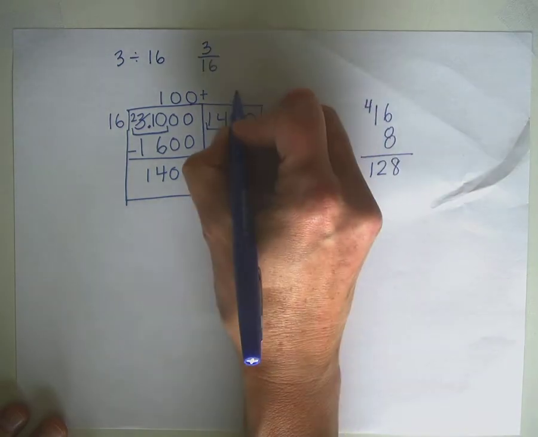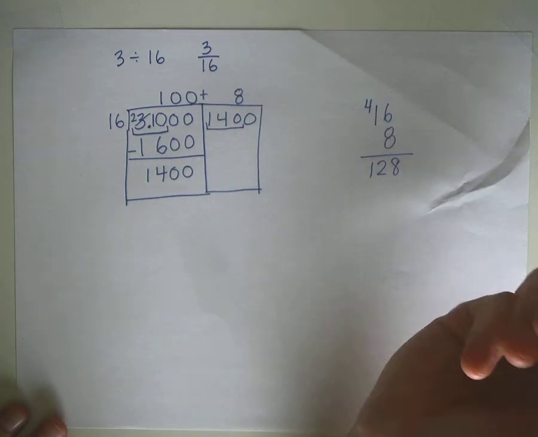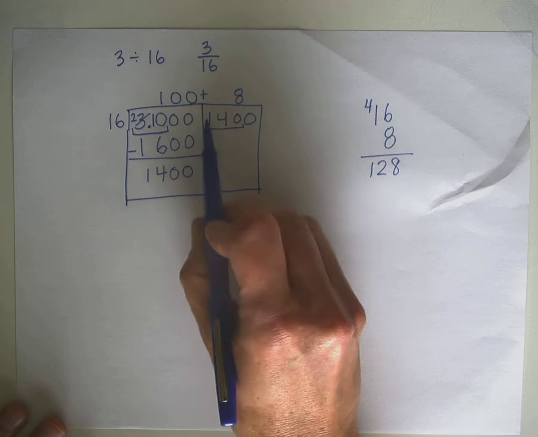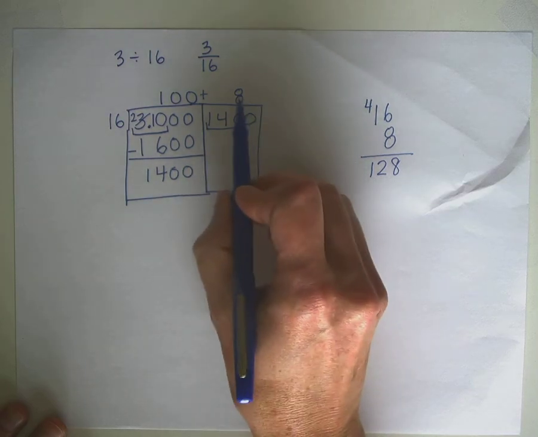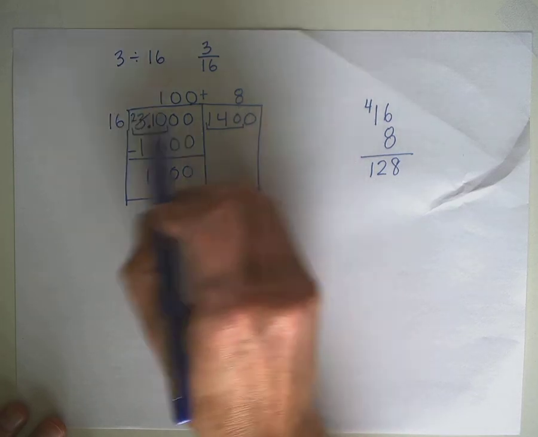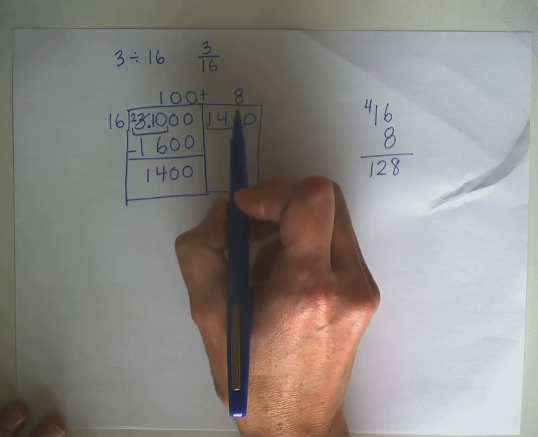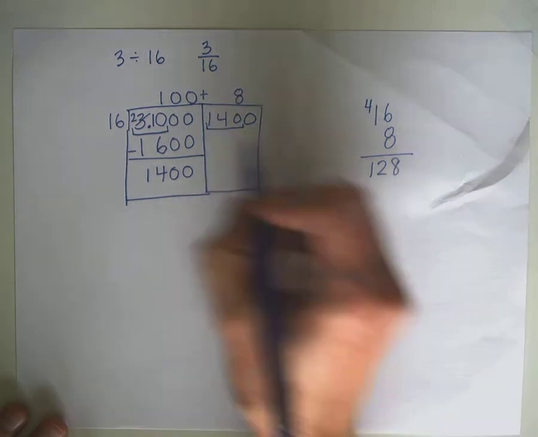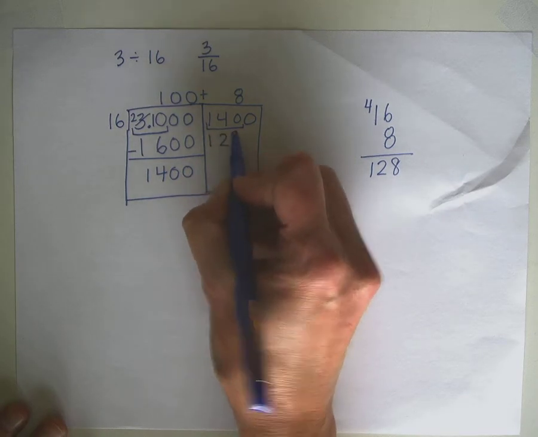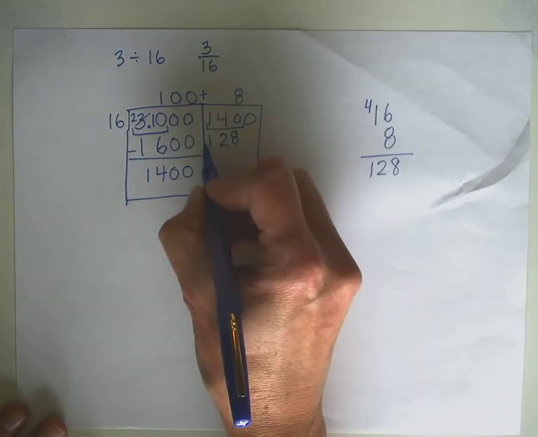So we'll put the 8 above the first 0, because we divided into 140. You always want to put the number, just like you would in the traditional way, above the last digit in the number you divided into. So 128, we're still subtracting.